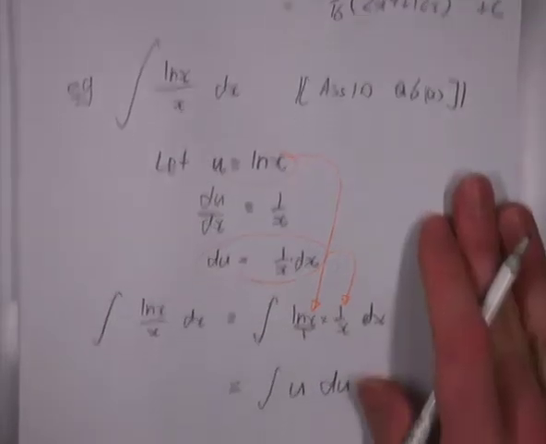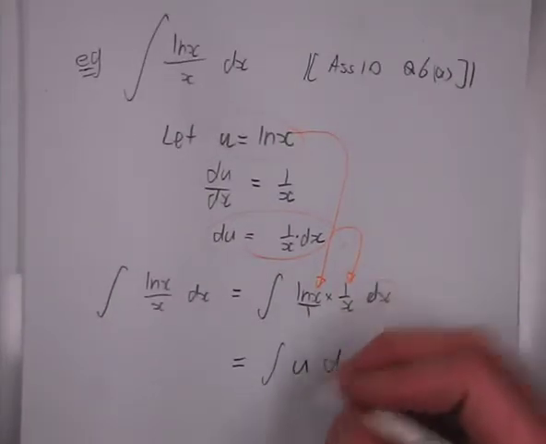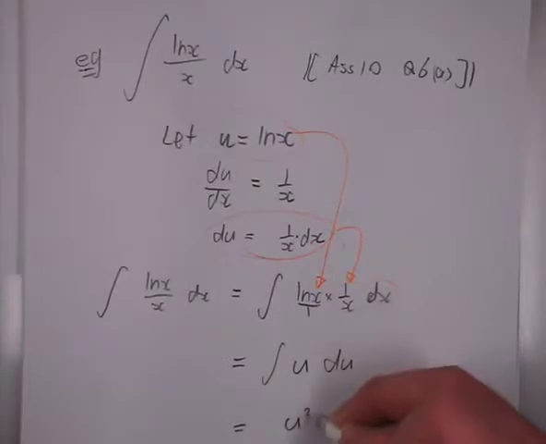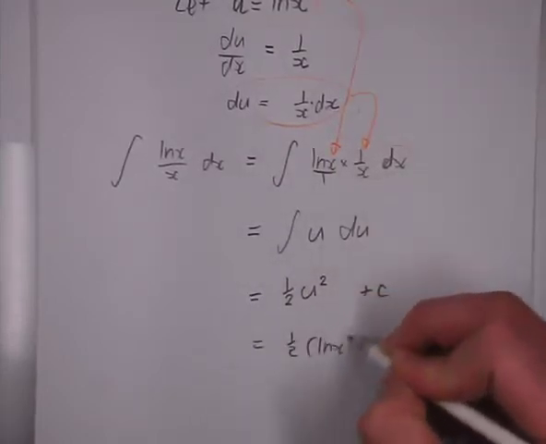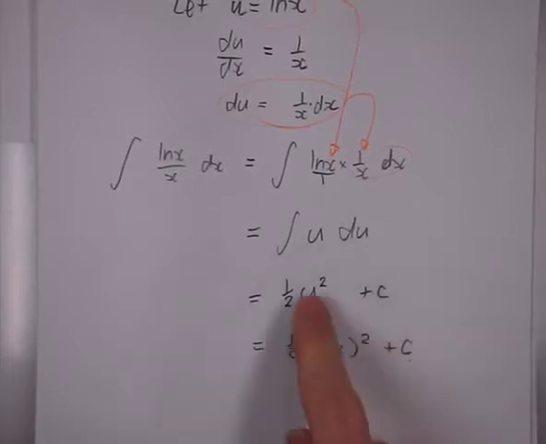And I know how to integrate u. That's u to the power of 1. So the power will go up to 2, and I'll divide by the new power. And then finally that will give me a half of ln x squared, because u was actually equal to ln x originally, so I can put that back in. So all the steps were done.